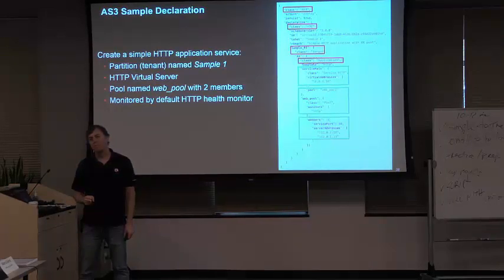So as AS3 receives this declaration, it will check that it is conforming to the particular schema. And if any part of that deployment will fail, it just doesn't deploy at all. So for that particular question about the no pool members, you just have to see if that's a required input field for that class.